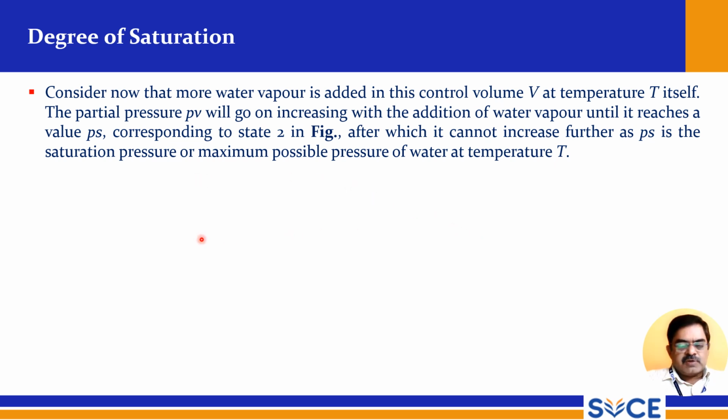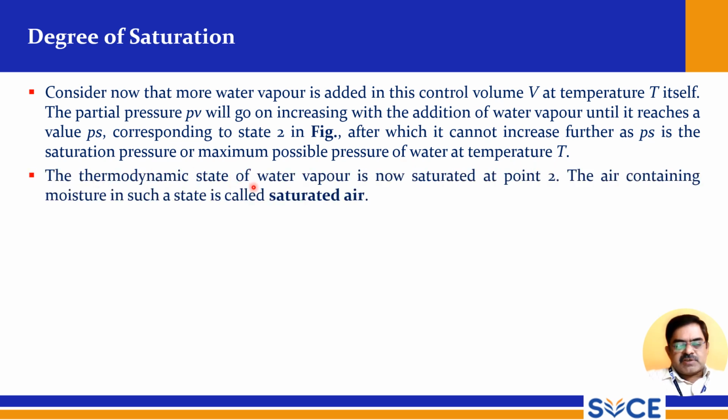From 1 to 2 it forms an isothermal process, after which it cannot increase further, as PS is the saturation pressure or maximum possible pressure of water at temperature T.